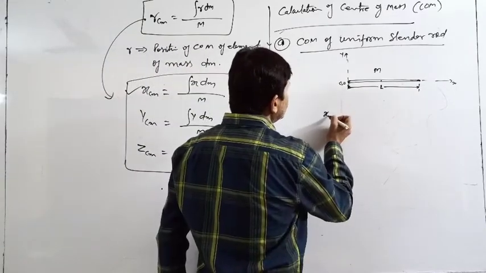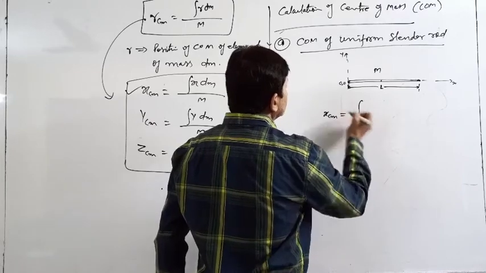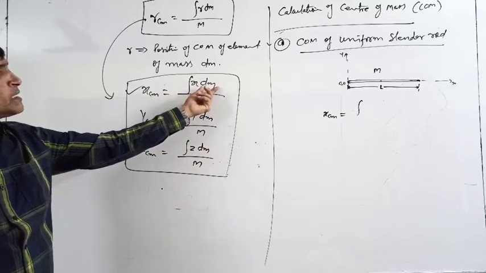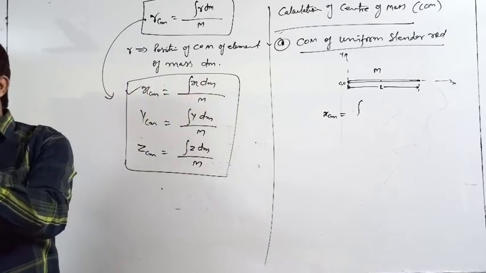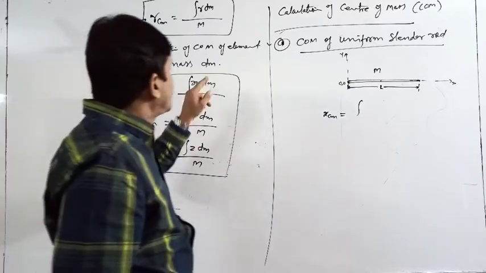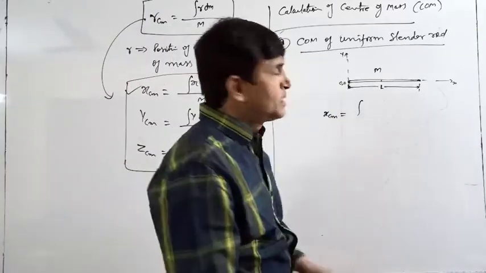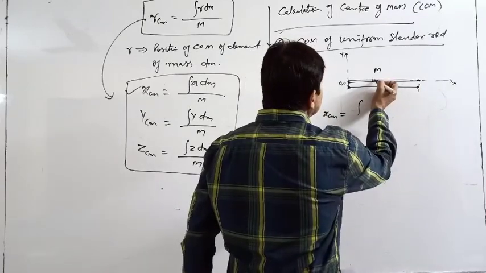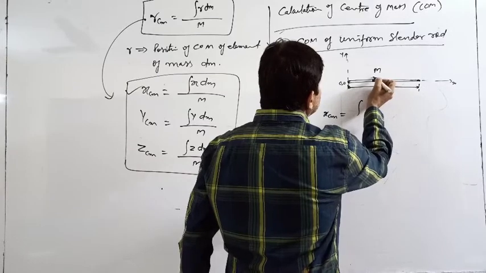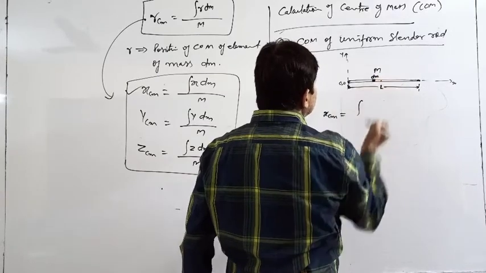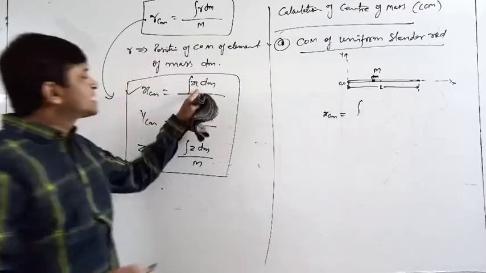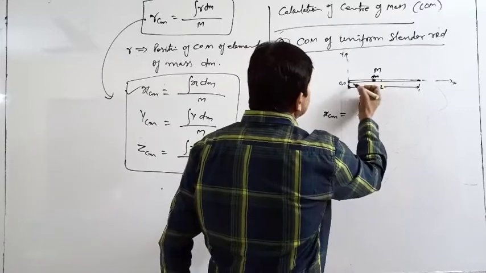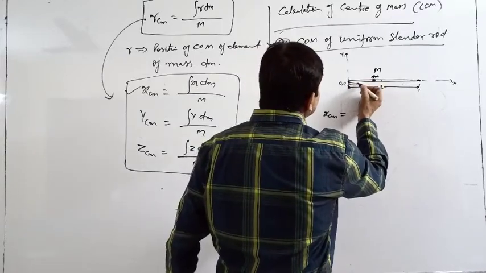So as per the definition, x dm. x dm means take a small element which has mass dm. A small element is just like a particle. I took a small particle here. It has mass dm, and x is the position of its center of mass from the reference point. This is the reference point, and x is this distance.